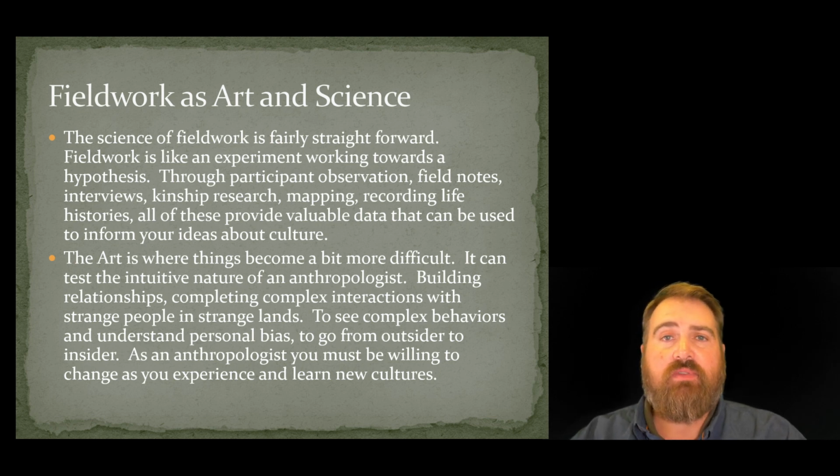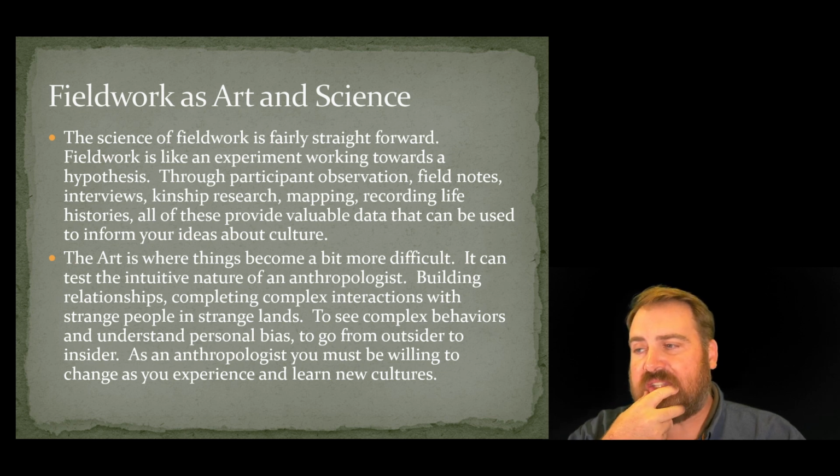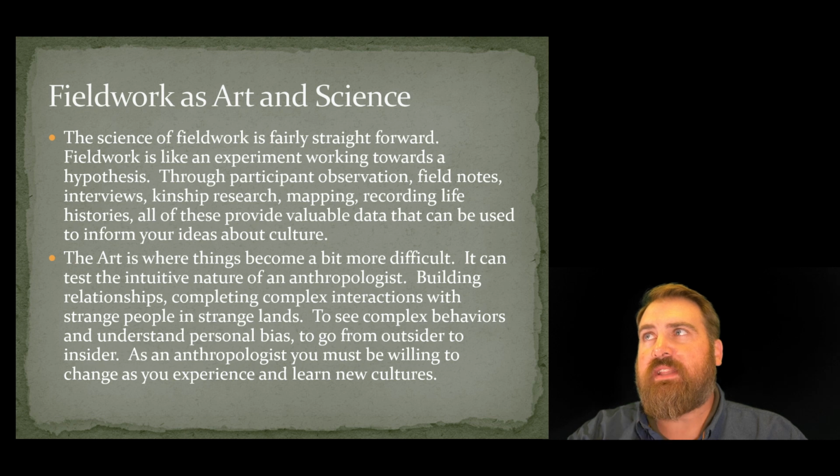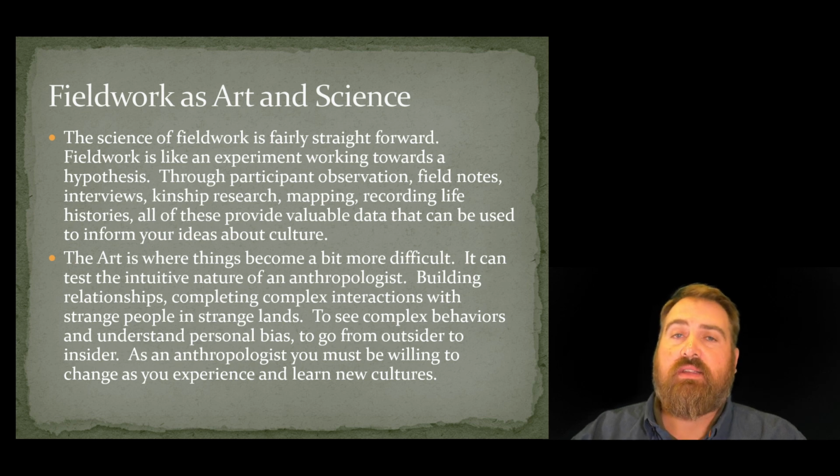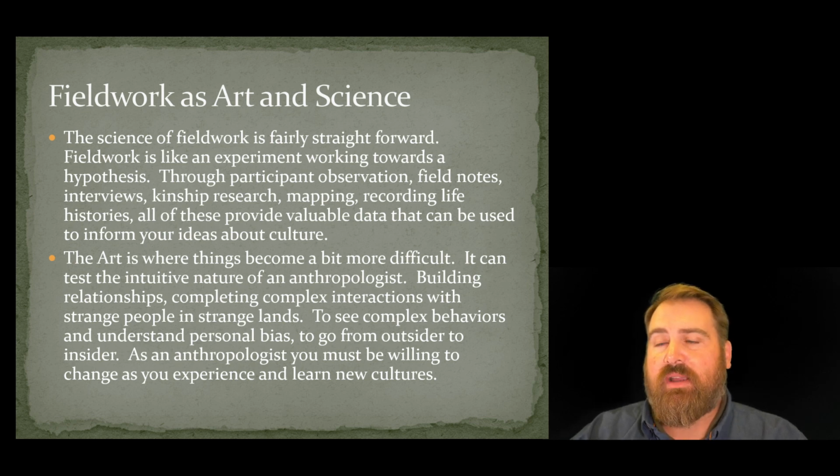Because people are so very complex. Where you're coming from can make a difference. And so understanding that and using that to your advantage, using that to understand how people are going to react to you, right, can give you an idea of what kind of information you can expect to learn.